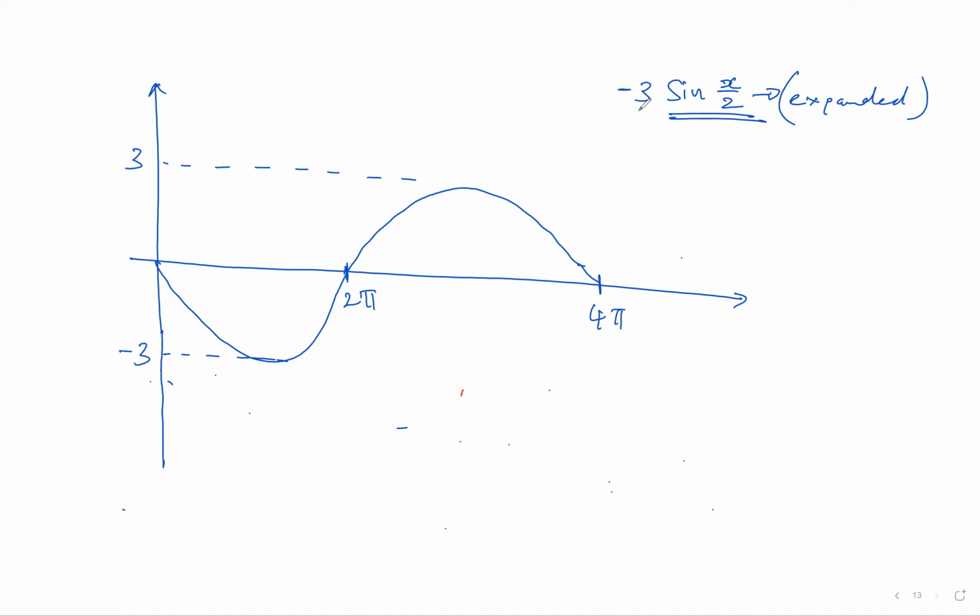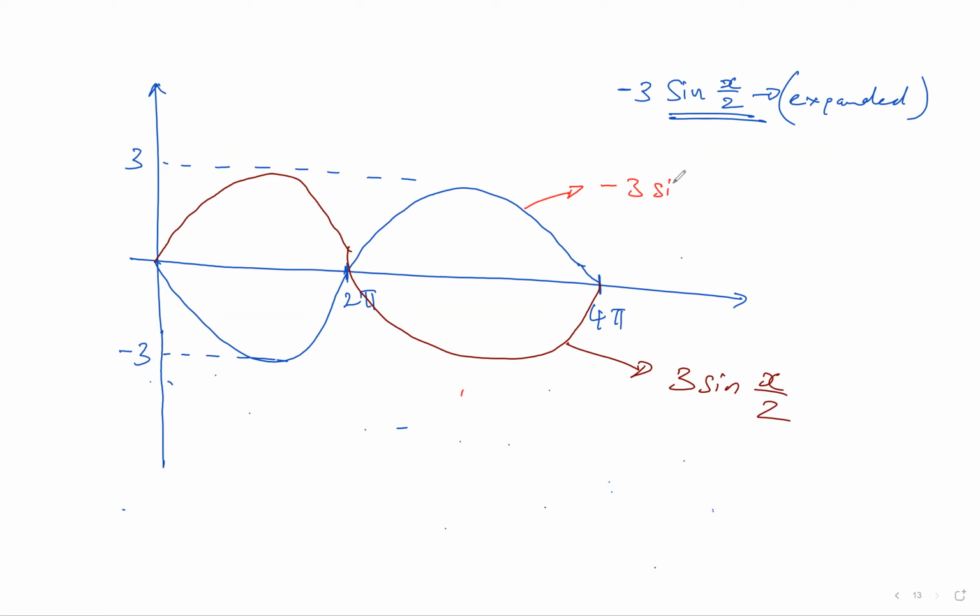I already inverted the graph. By right, the sine curve should be like this. This is 3 sine x over 2, whereas this one is -3 sine x over 2.